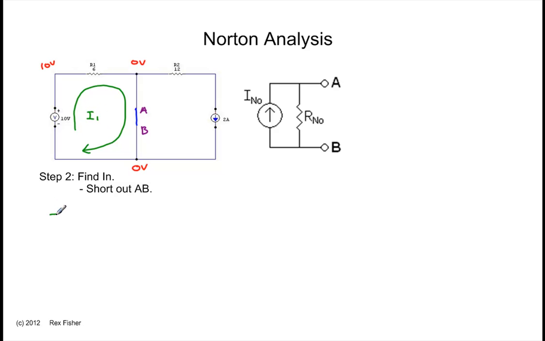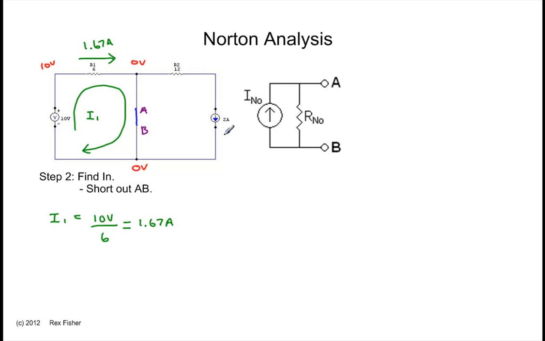And that current, I1, is equal to 10 minus 0 volts, or 10 volts, across a 6 ohm resistor, which is 1.67 amps. So the current that flows here is 1.67 amps.